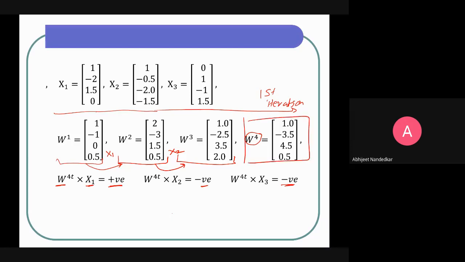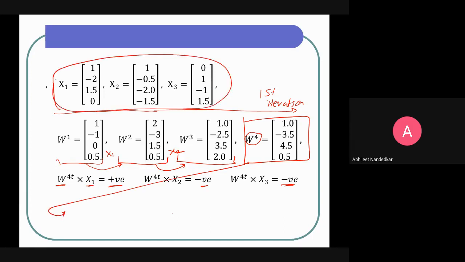This is my output after one iteration. Use this W4 and these training samples once again to compute W7. Would you like to do it or shall I move on? We will do it at home, sir. Okay. I hope everyone has understood this.